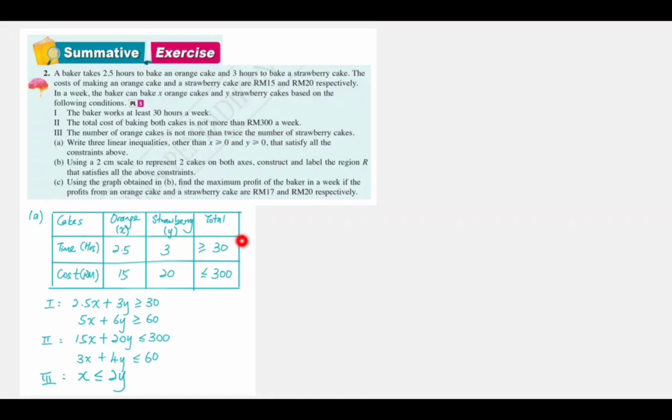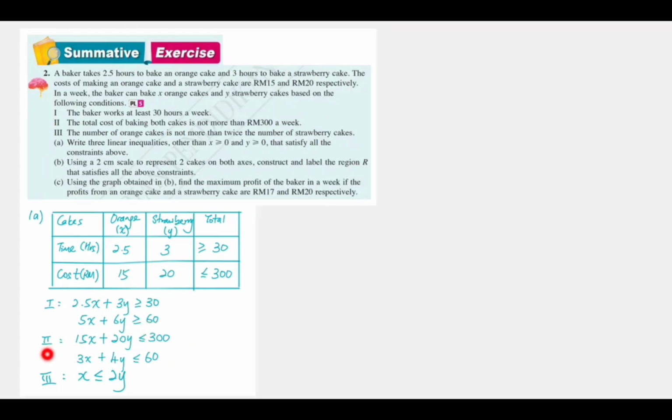From these two, we can form the linear inequality 2.5x + 3y ≥ 30. To make it easier to plot our points on the graph later, we make all these numbers integers. So we have 5x + 6y ≥ 60, each term times 2.